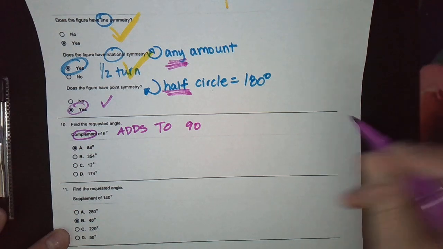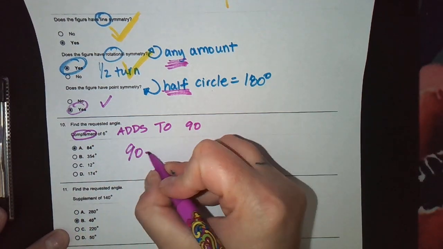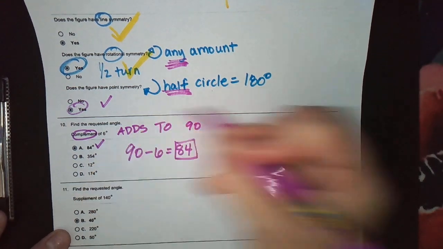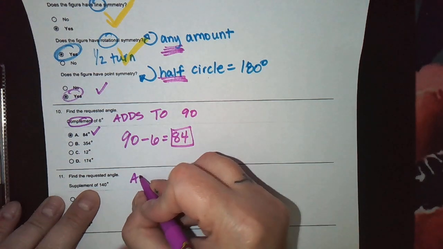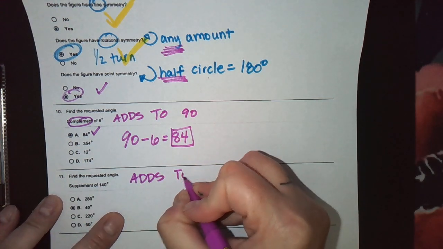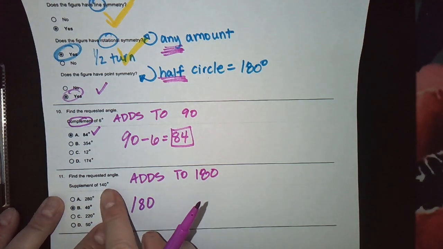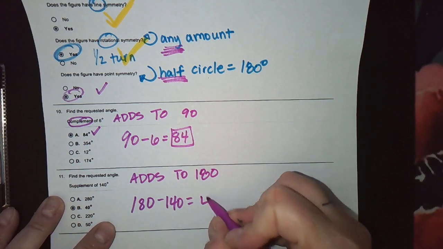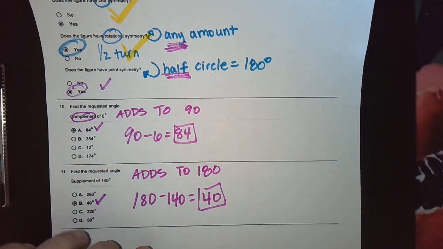Or it means to find the other angle, we can say 90 minus 6, 84. Huzzah! Okay, the next one says supplement. Supplement means it adds to 180. Or you can subtract the angle they give you, 140, from 180 to get the supplemental angle, or 40.